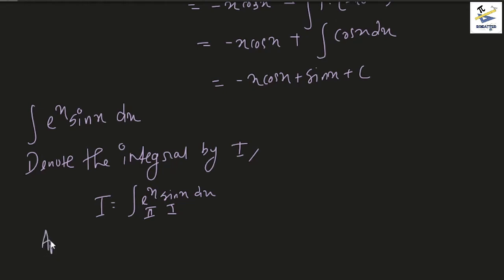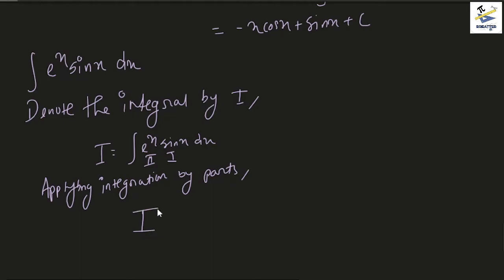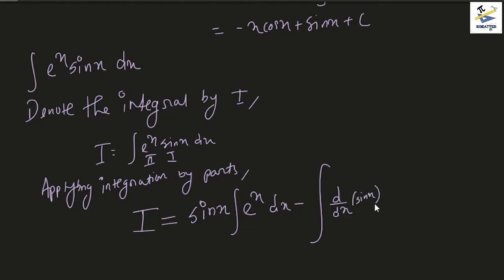So applying IBP, or integration by parts, what we have is this: I is equal to sin x into the integral of e to the power x dx, minus the integral of d/dx of sin x into the integral of e to the power x dx, dx, right?